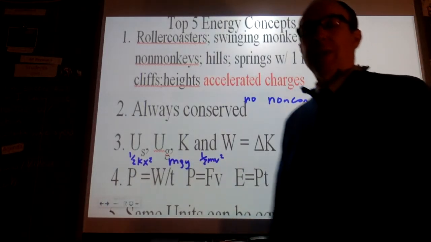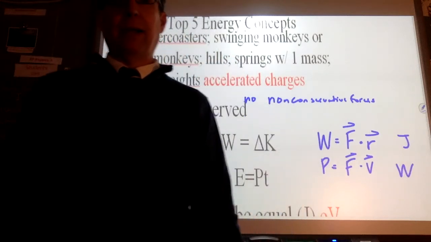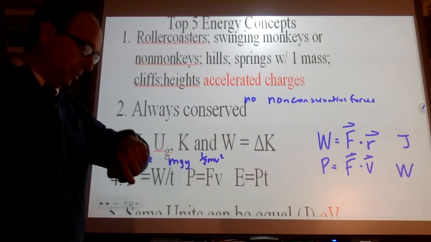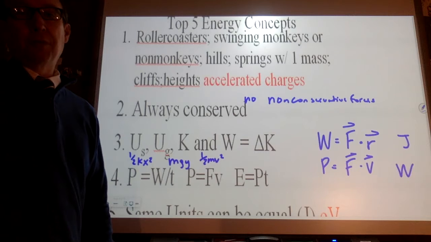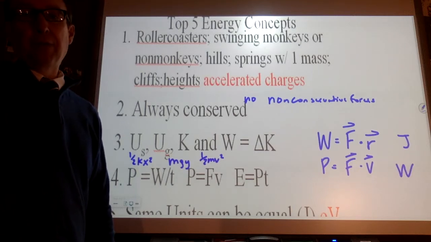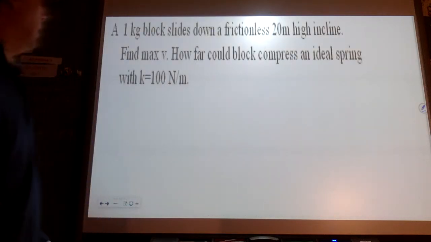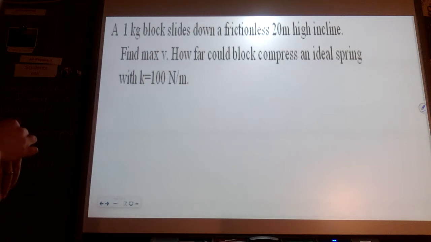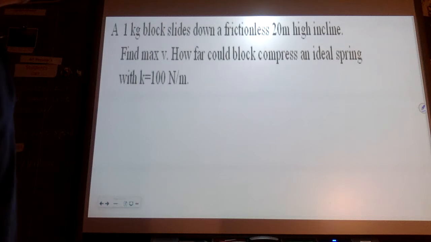And I'm going to do a couple examples with and without calculus for you guys, just to review a little bit, as well as you guys have the multiple choice that have with and without calculus on them. All right, so a 1 kilogram block slides down a frictionless, 20-meter high incline. Find the max velocity.